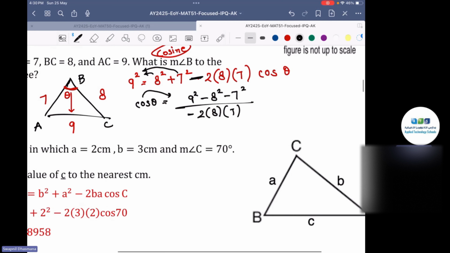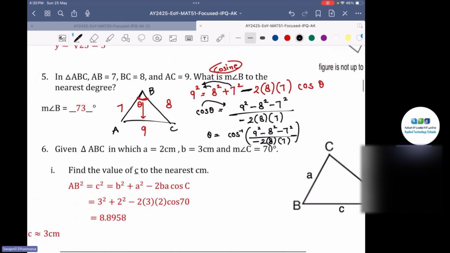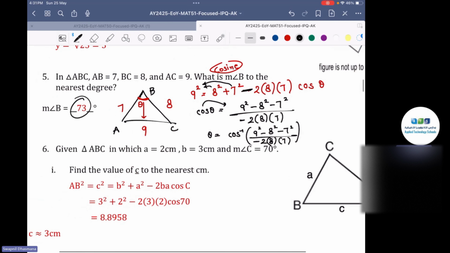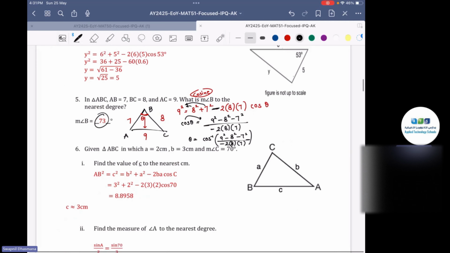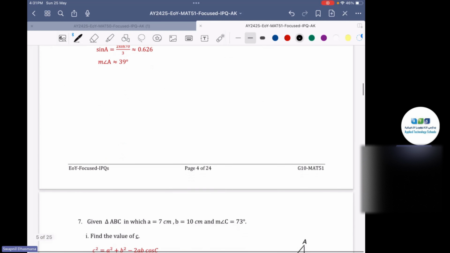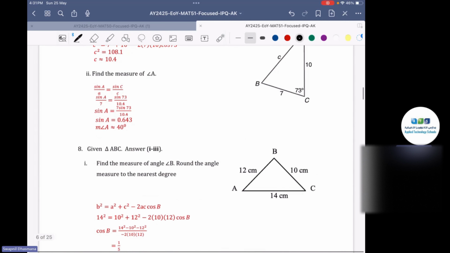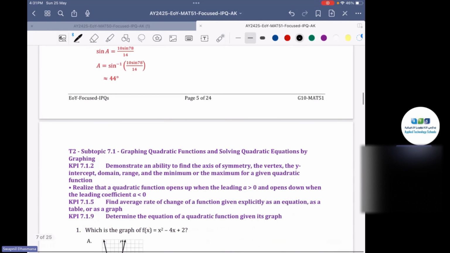So when you take theta to the other side, you will get cosine inverse of 9 squared minus 8 squared minus 7 squared over negative 2 times 8 times 7. You write this on the calculator, you should get the answer, which in this case is 73 approximately. So the next one is solved. All these questions follow the same procedure. So I will see you in the next part. All these questions are solved. Have fun.